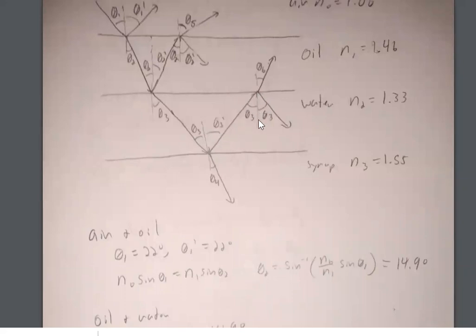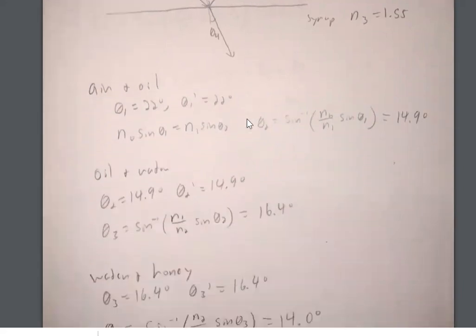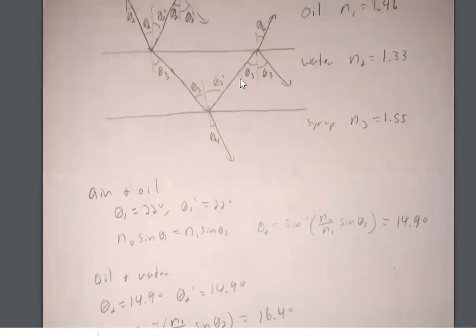And so this triangle here, if we continue the normal, would also be similar to both of these triangles. So our angle of incidence here is theta 3, the same theta 3 that we calculated earlier to be 16.4 degrees. So this reflected ray is going to have the same angle, because the law of reflection says they have to be the same. And we can calculate this theta 6 once again with Snell's law.